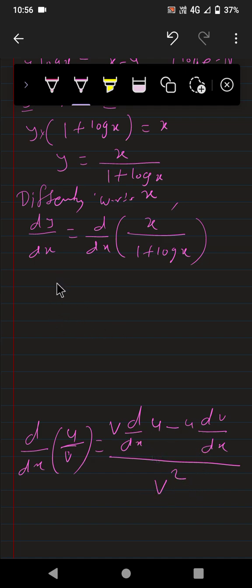So apply this rule. d by dx of, what is the denominator? 1 plus log x.